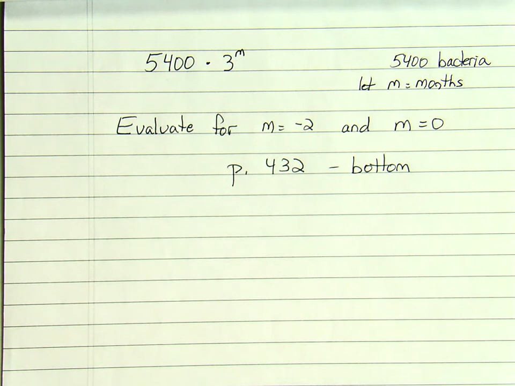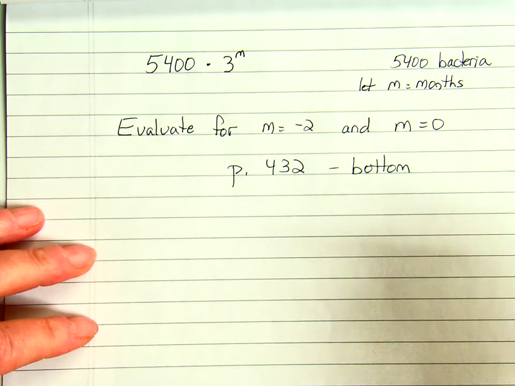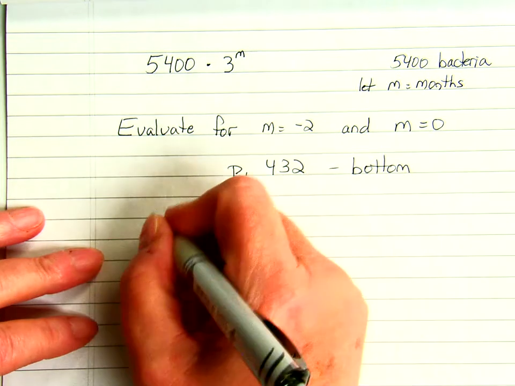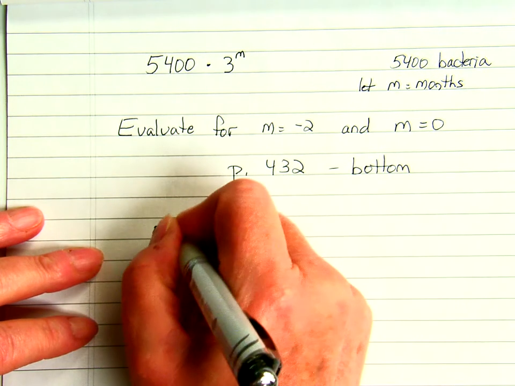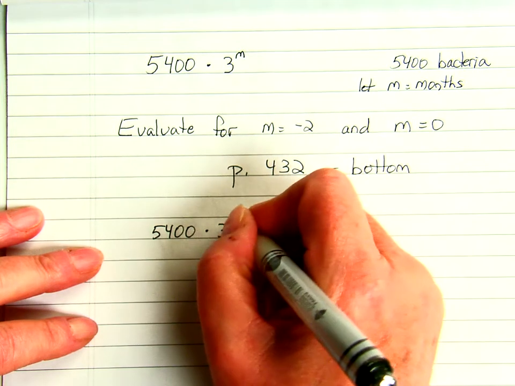So we know that this bacteria triples each month. First we're going to look at m equals -2. So let's just put that -2 in for m. So we have 5,400 times 3 to the -2.